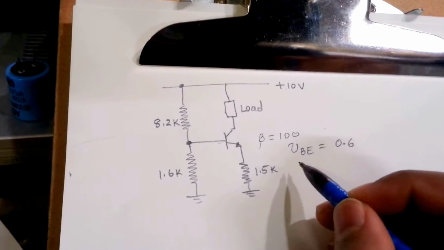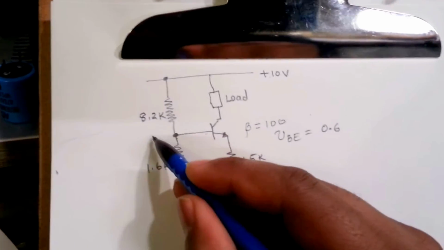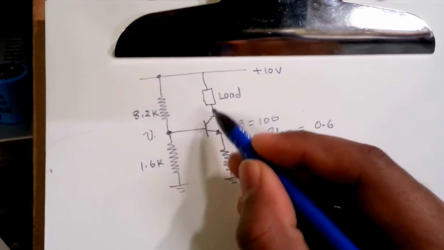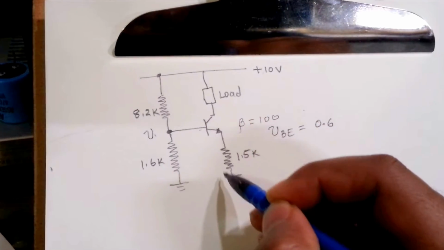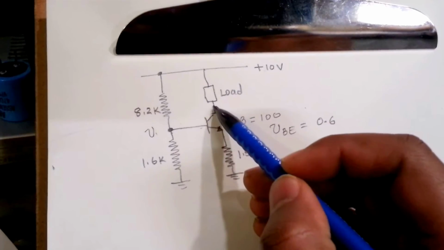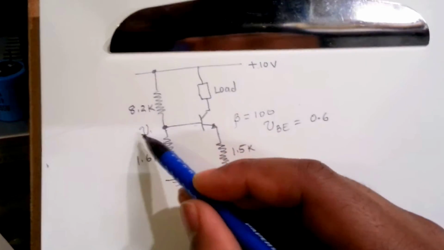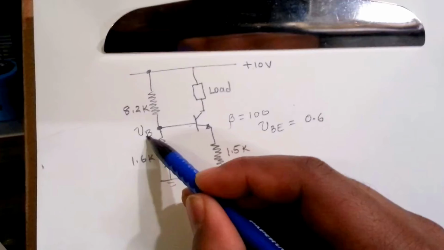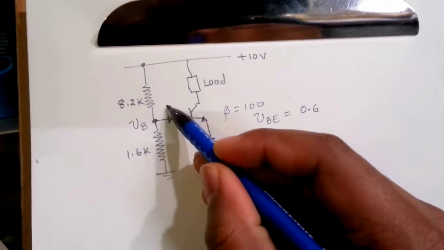We'll use this to solve the base voltage. What the question wants us to solve is the current flowing through this branch, passing through the load. In order to do that, we have to find the base voltage. So we call this VB, and we'll call this IB.